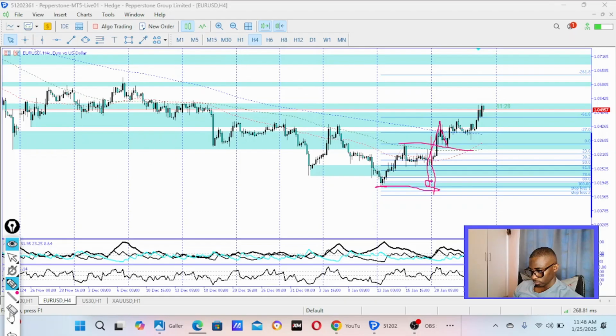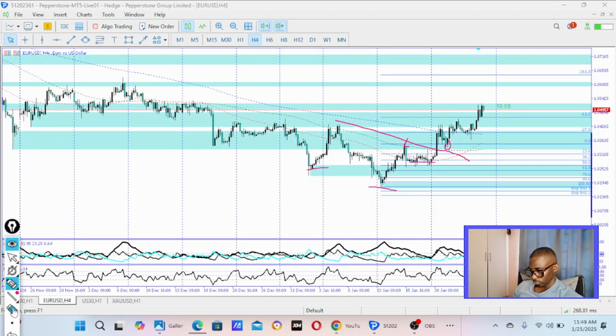So this is exactly what happened. Price broke this previous low high here, broke it and retested this area. So this is the left shoulder, this is the head, this is the right shoulder. So your entry is going to be here on the retest.